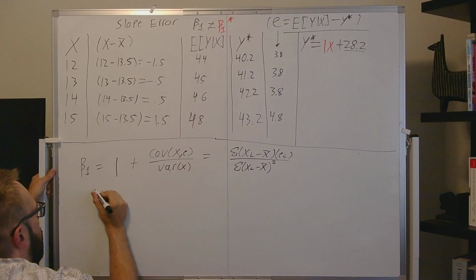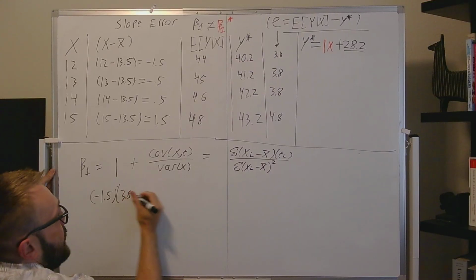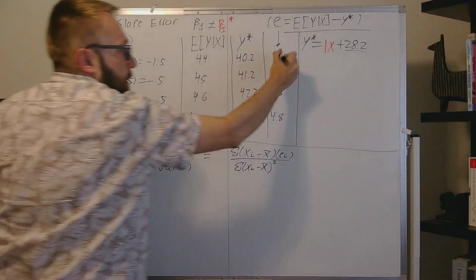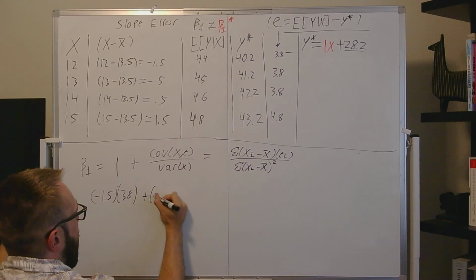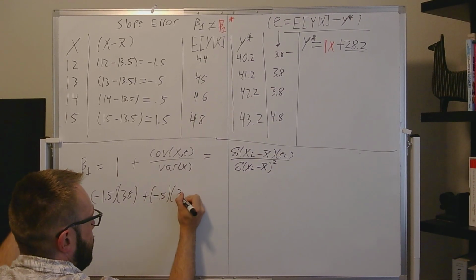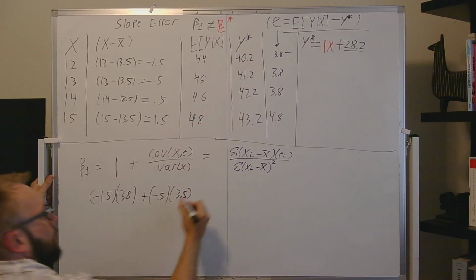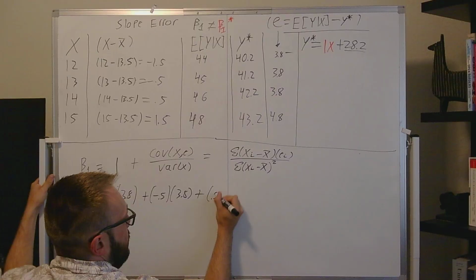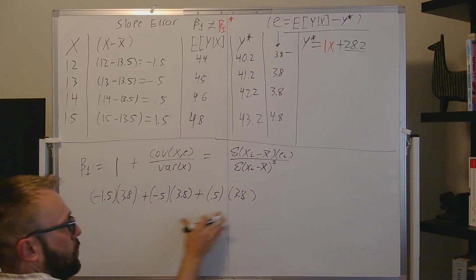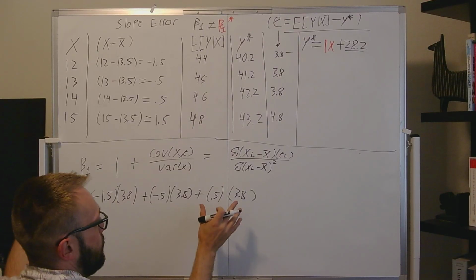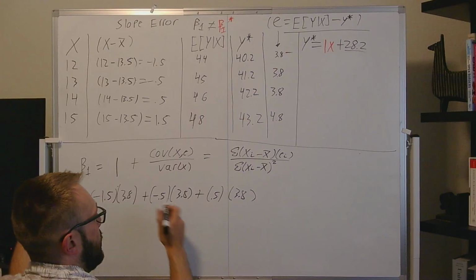We have negative 1.5. We're going to multiply that by its associated error value, 3.8. Then we're going to add negative 0.5 multiplied by 3.8 for the same reason, just running across the second row there. Then we'll have positive 0.5 multiplied by 3.8. These will cancel because we have both of them multiplied by 3.8, one is negative 0.5, one's positive.